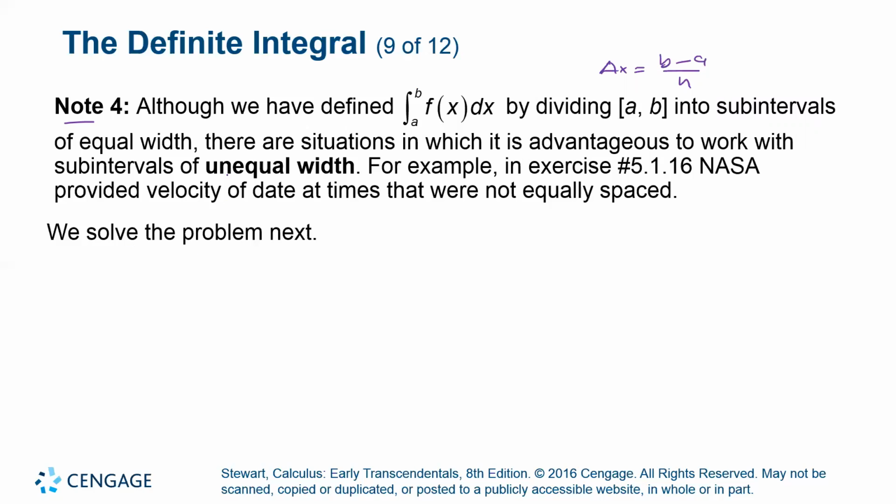Now, assuming we have unequal width, okay, this is one advantage: the advantage is to work with unequal subintervals. For example, in exercise 5.1, in section 5.1, NASA provided velocity data at times that were not equally spaced out. Now we're going to see an example in the next slide.